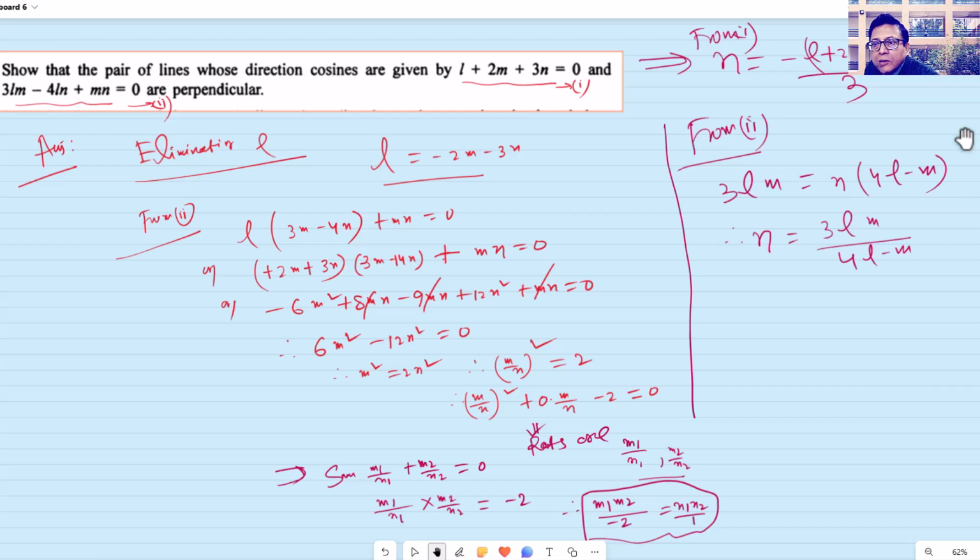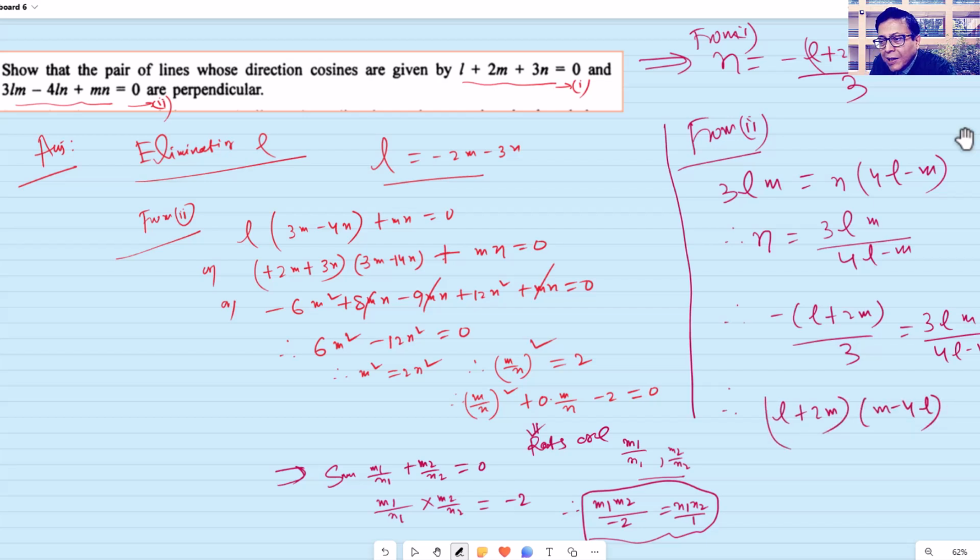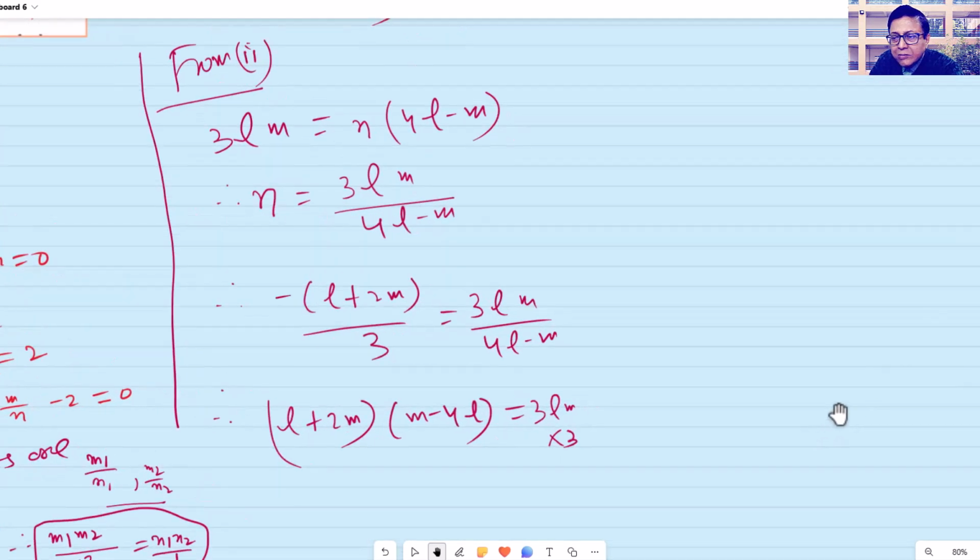Clear? So I got n from two equations, I will be comparing. L plus 2m by 3, okay? So cross multiply here. This is going to be L plus 2m into m minus 4l, 3lm into 3. I have taken minus common from here also and then multiplied. Clear? Hope you have understood.